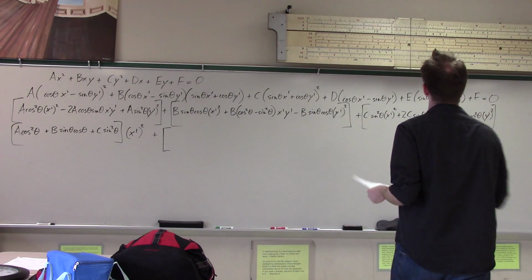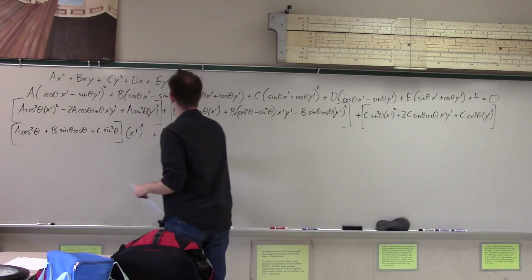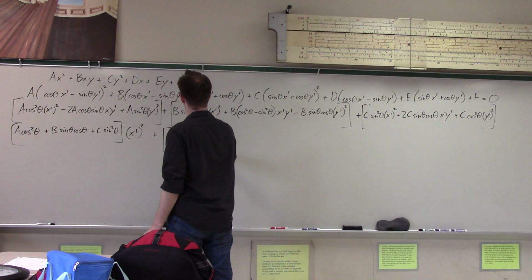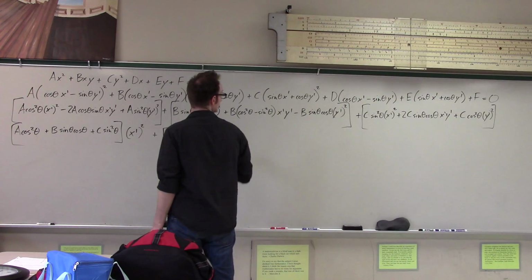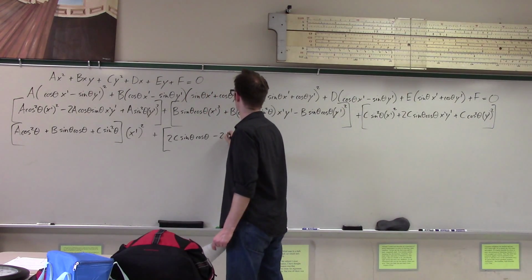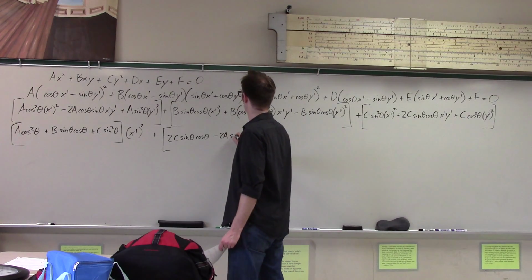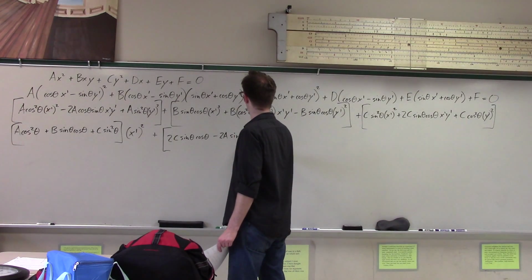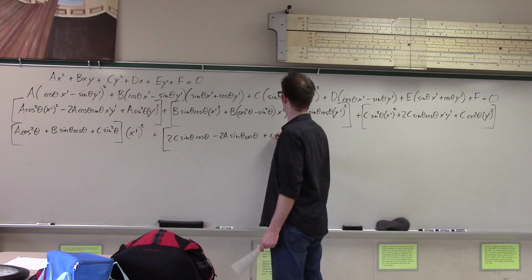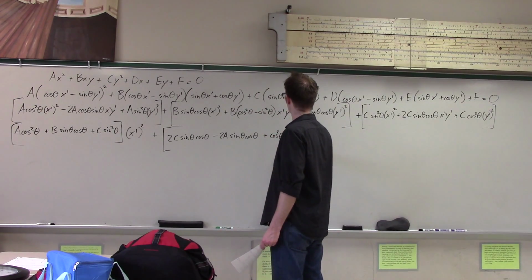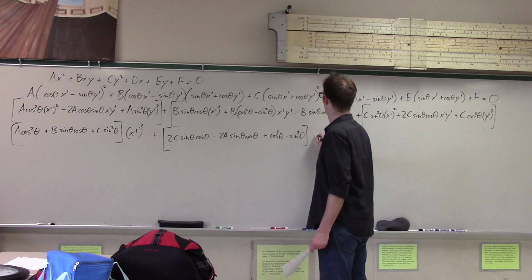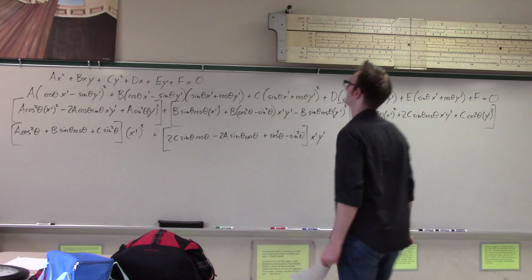Well, I guess I'll just do it out. So it's that. So it's 2c cosine theta minus 2a, prime y prime.